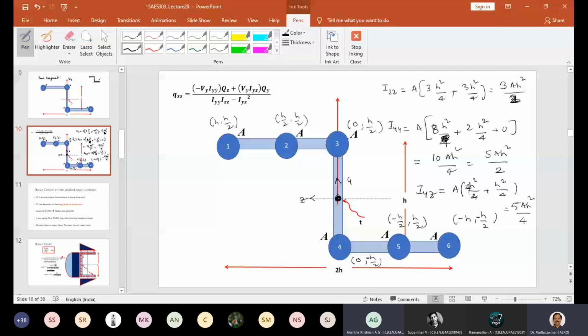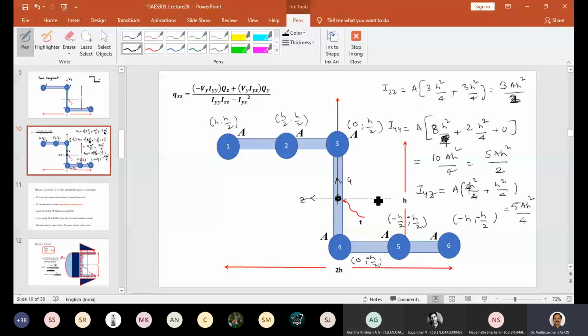Sir, I got 3A h square by 2, sir. What am I doing, sir? Any mistake? Yeah, the coordinates of point 5 is a mistake. Minus h by 2, comma minus h by 2, sir. This is right only, right? This also minus, yes. So what happens? This is minus, right? Yes, sir.